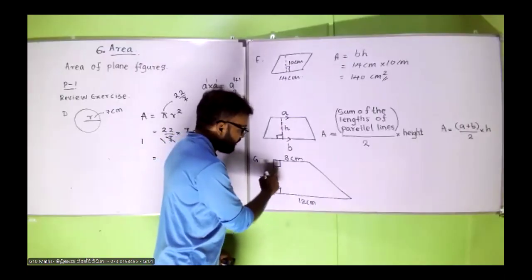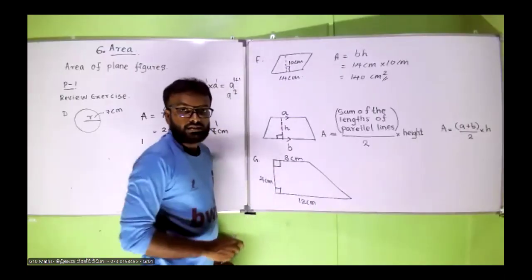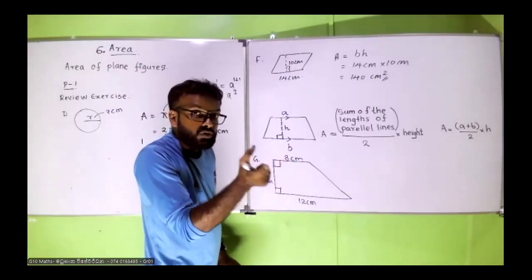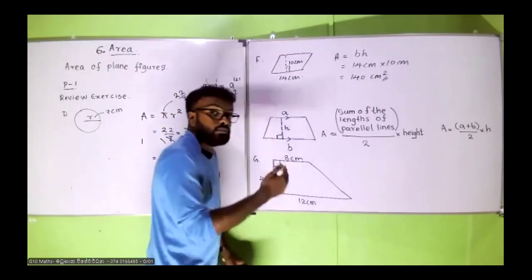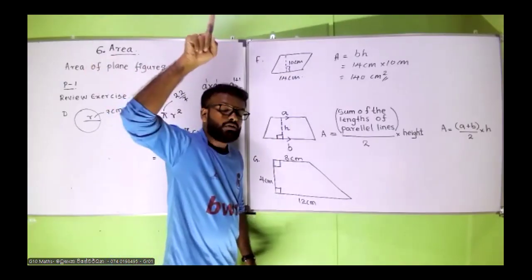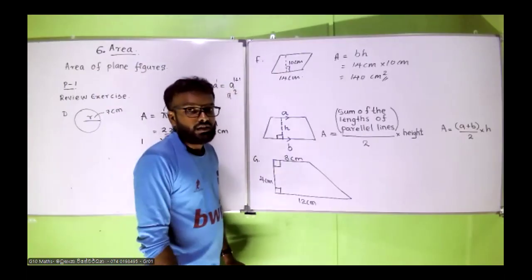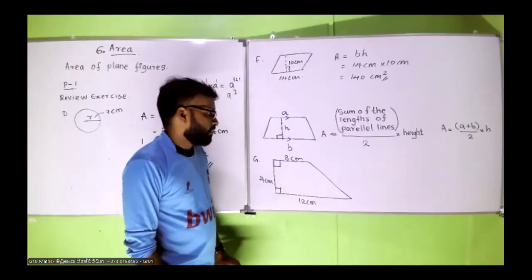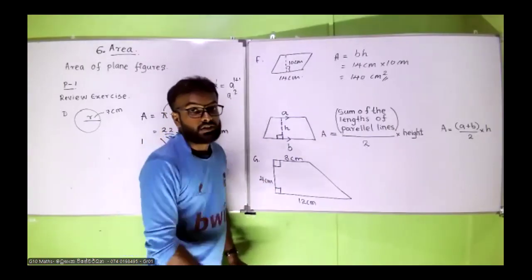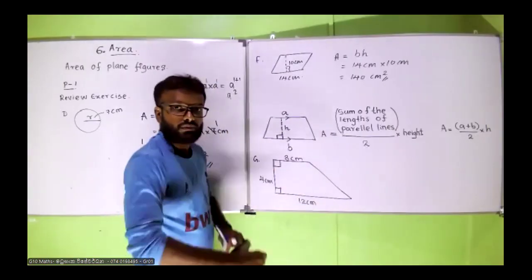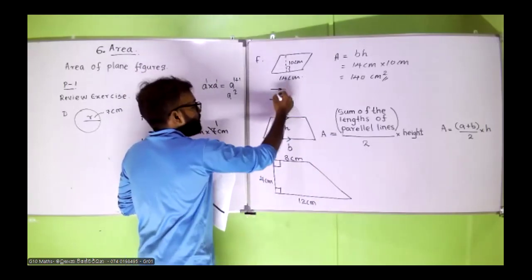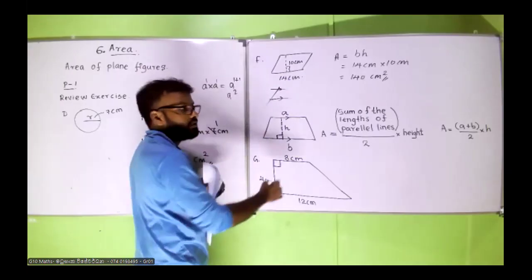90 degrees, 90 degrees. Allied angles. Summation of the allied angles is equal to 180 degrees, so that these two lines become automatically parallel. Can you remember the theory you learned in grade 9? So this height is acting as a transversal for these two lines. There are two parallel lines, and this is a transversal.